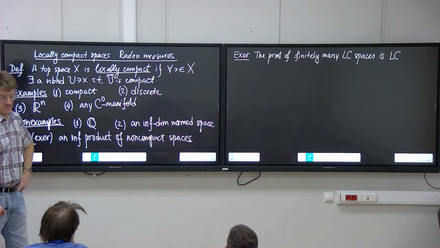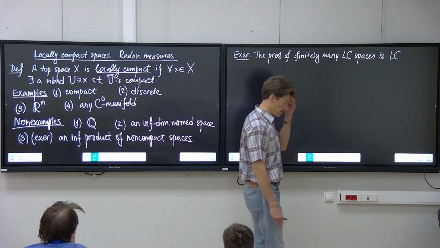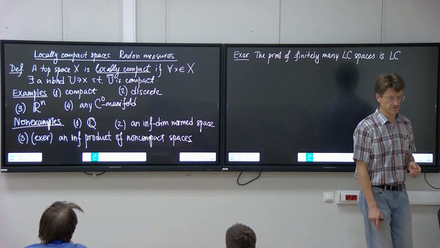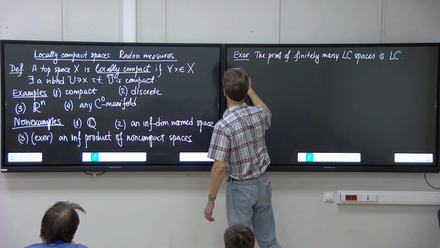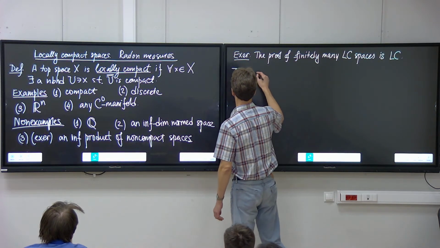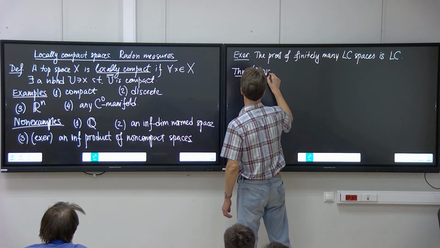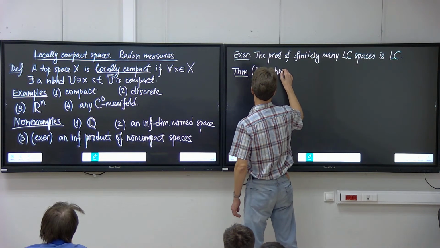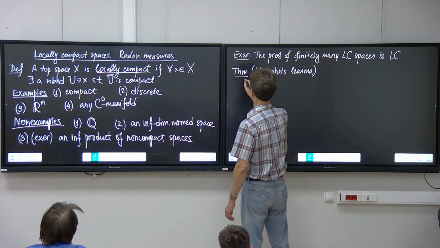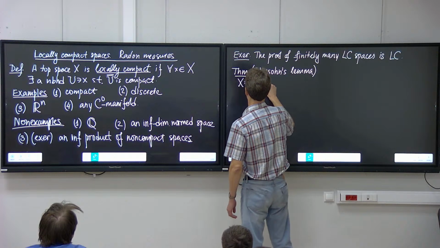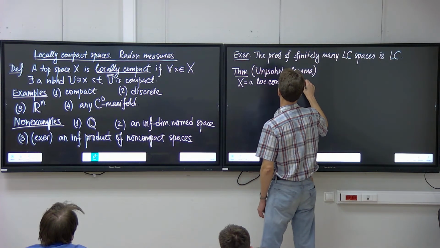A nice property of locally compact spaces is that there are many continuous functions on such spaces. More exactly, we have the following standard result, which is a version of the so-called Urysohn's lemma. Suppose that X is a locally compact Hausdorff topological space.